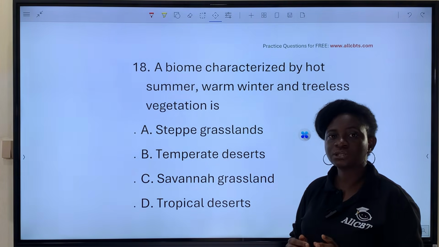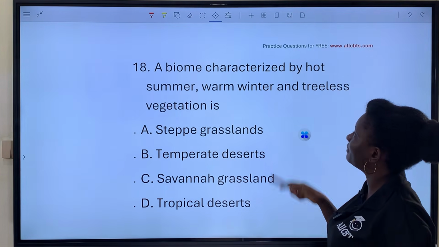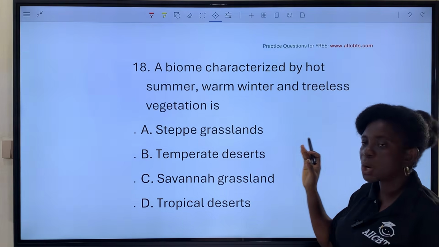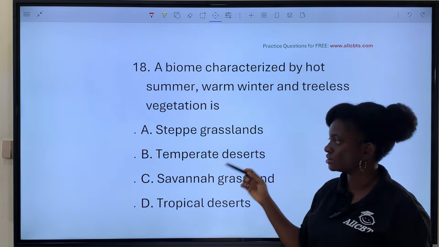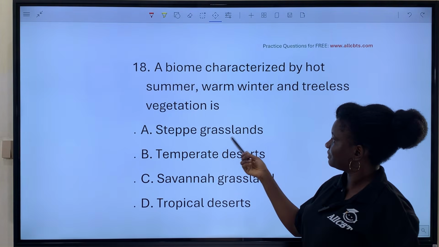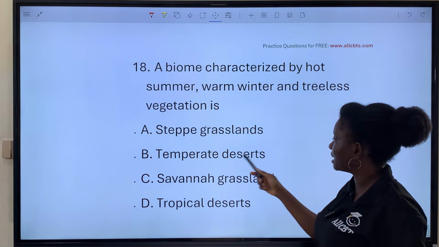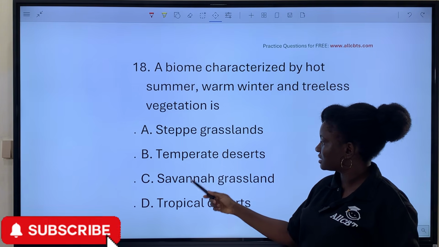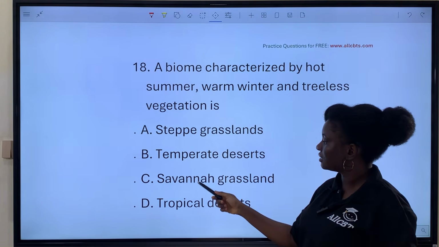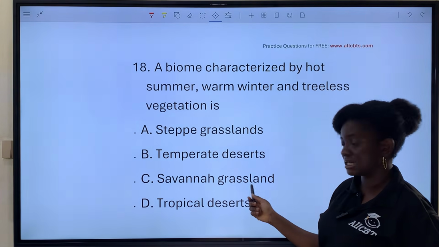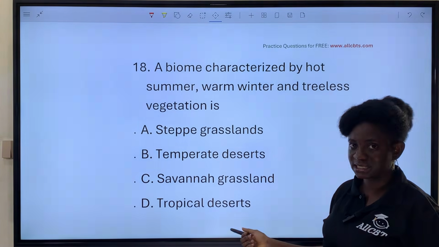Okay, so question 18. A biome characterized by hot summer, warm winter, and treeless vegetation is A. Steppe grassland, B. Temperate desert, C. Savanna grassland, D. Tropical desert.